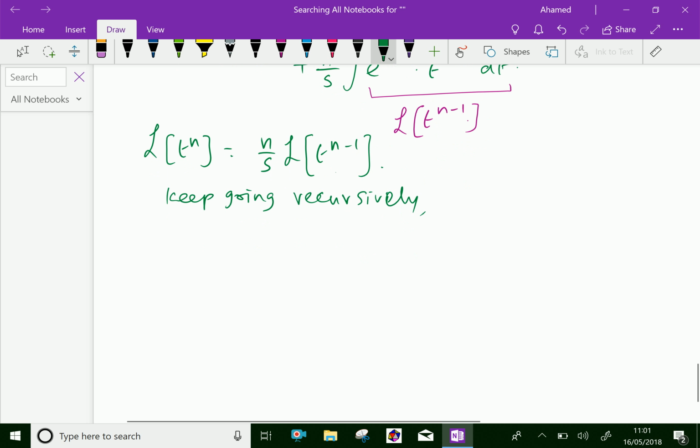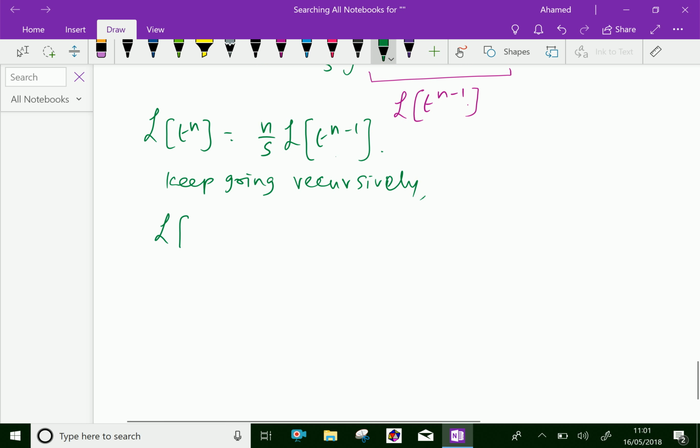Like that, Laplace transform of t power n equal n over s into Laplace transform of t power n minus 1.